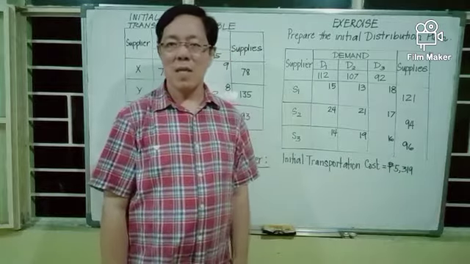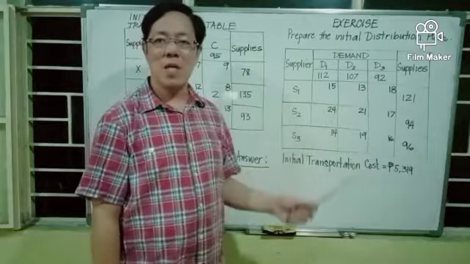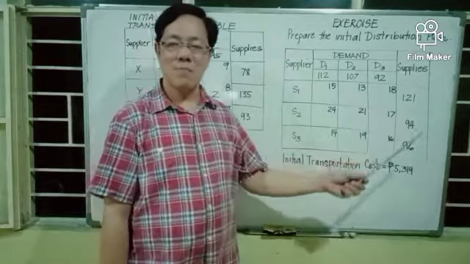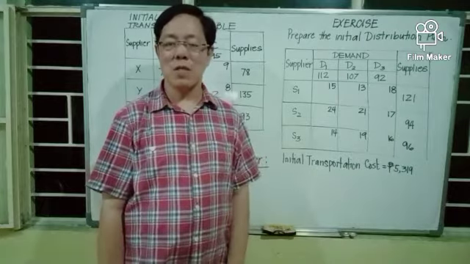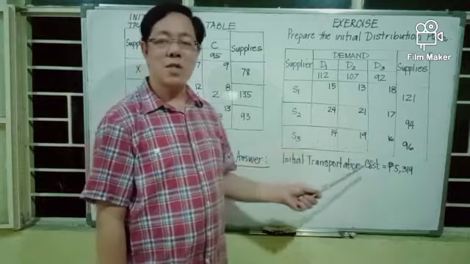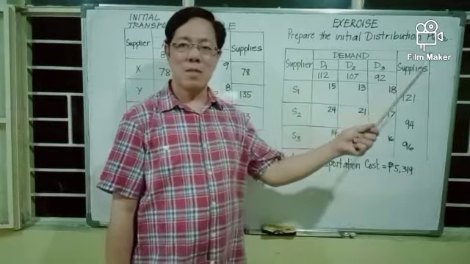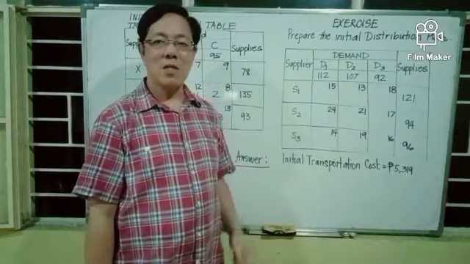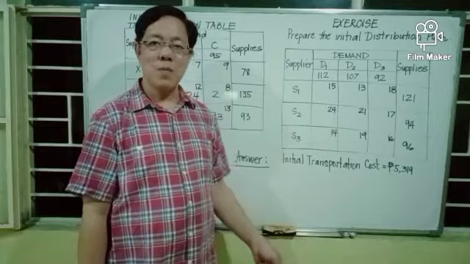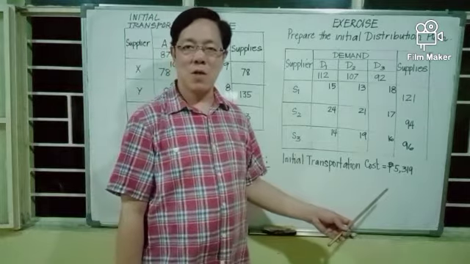If the total demand is equal to total supply, then the given transportation problem is balanced. And you can go ahead and proceed with the solution using the stepping stone method by making the initial distribution and preparing the initial distribution plan. And from that initial distribution plan, you add the totals in the last column and you will get the initial transportation cost.